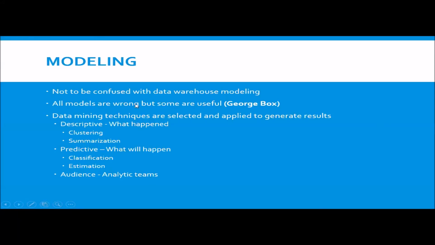And one thing to understand about data mining is that we're really trying to build models that will either describe our data or predict what's going to happen in the future. But all of these models are going to be imperfect by design or by default, right?